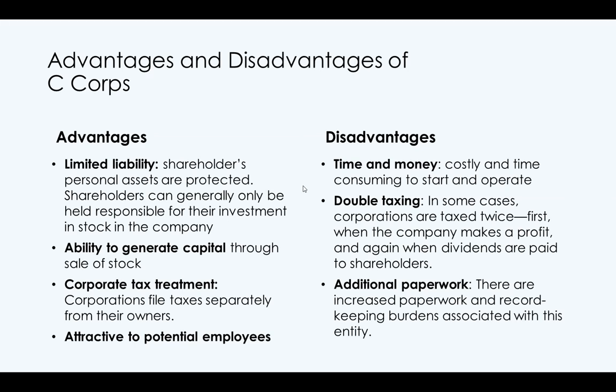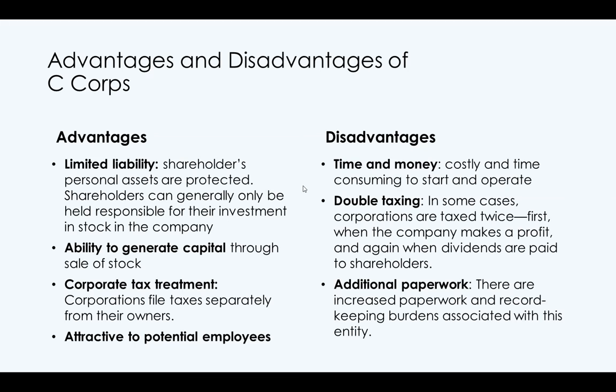Corporate tax treatment: corporations file taxes separately from their owners. So the individual owners don't have to worry about the total amount of profit and the taxes that will be paid on it. And it's incredibly attractive for potential employees because if you want to work for Bob's Fish Market, that doesn't sound as impressive as Bob's Fish Market Incorporated, because that sounds complex. It sounds impressive.